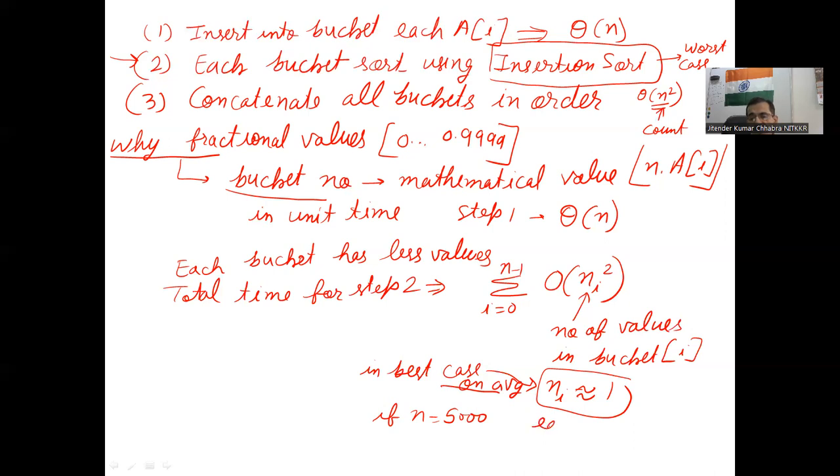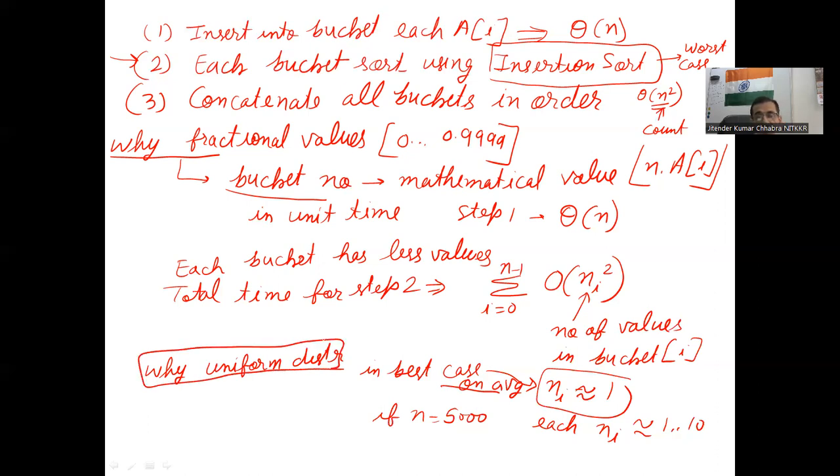So each n_i could sometimes be in the range of maybe 1 to 10, which I can expect if the uniform distribution was there. So now you can easily see why we talked of uniform distribution: because uniform distribution will ensure that my n_i will never go beyond a certain range. As long as n_i remains within the limit, I can easily see the total time for step 2 will also remain in the order of n or theta of n.